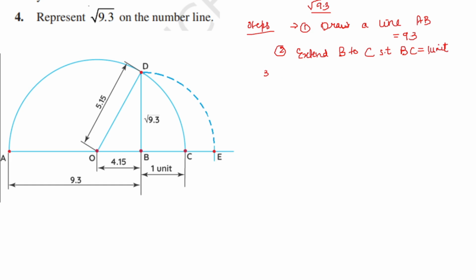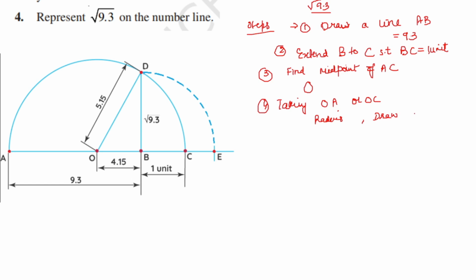Now what is the third step? We will find the midpoint of AC, which is here, it is O. Right, now taking OA or OC as radius, draw a semicircle.